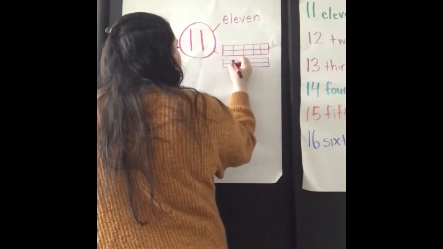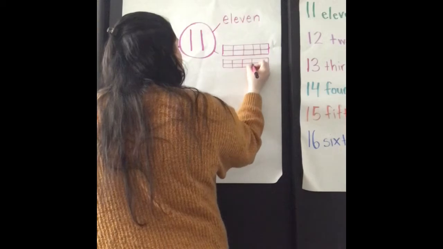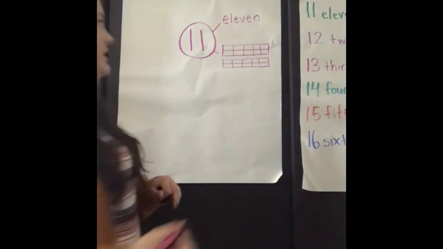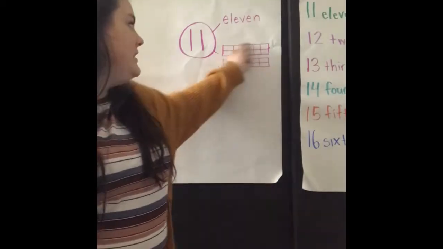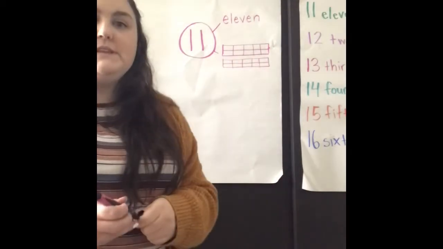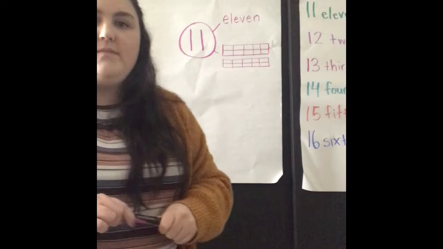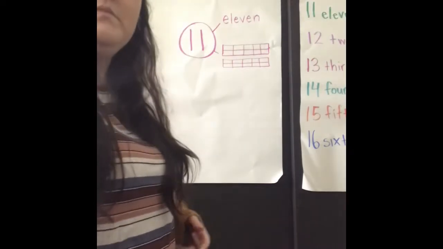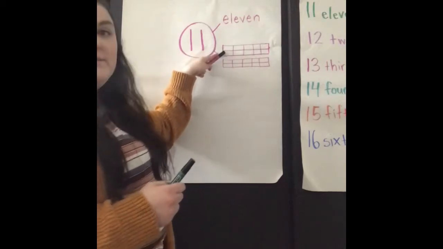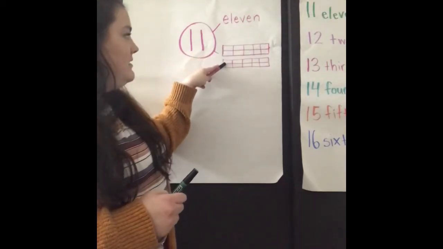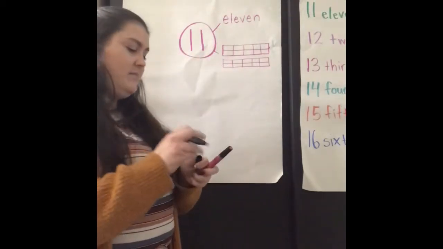Because now we're working with numbers that are bigger than 10. So we need to make a double 10 frame. If I filled in all of these spaces, how many would there be? Yeah, there would be 20, because one of them has 10, and 10 and 10 is 20.